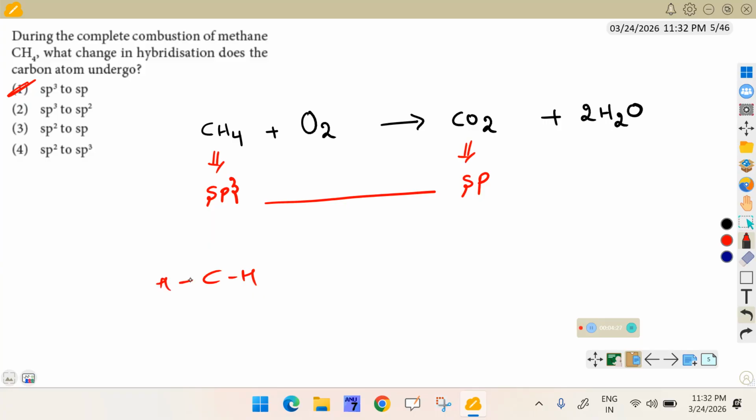CH4 has 4 sigma bonds, so sp3. In the CO2 structure, C double bond O, there are 2 sigma bonds and 2 pi bonds. Pi bonds do not participate in hybridization. Sigma bonds and lone pairs participate in hybridization. Here 0 lone pairs, 2 plus 0 equals 2, sp hybridization.